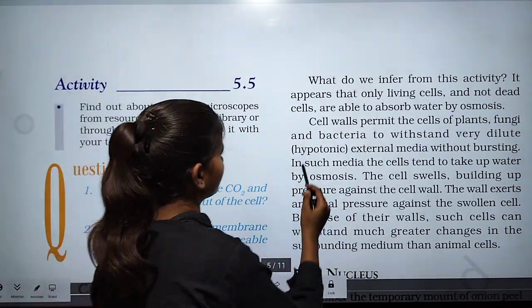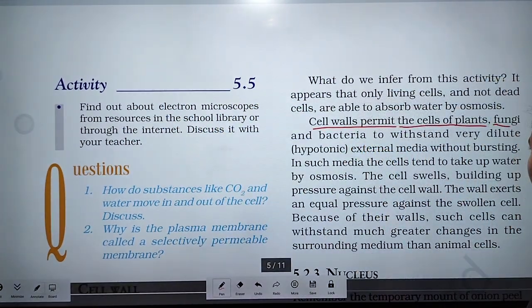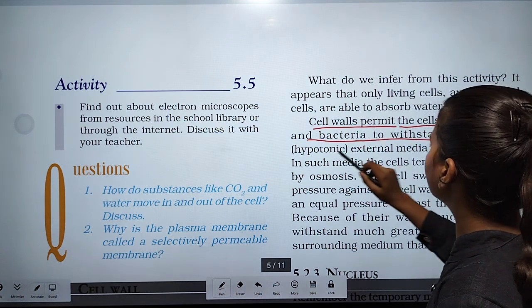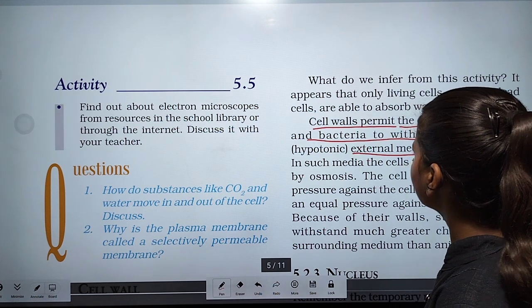The cell wall permits the cells of plants, fungi, and bacteria to withstand very dilute external media without bursting.